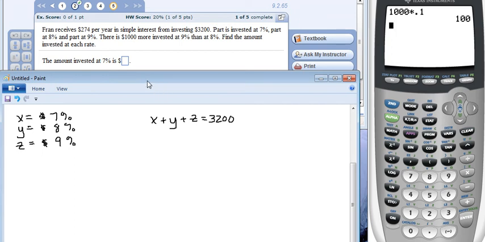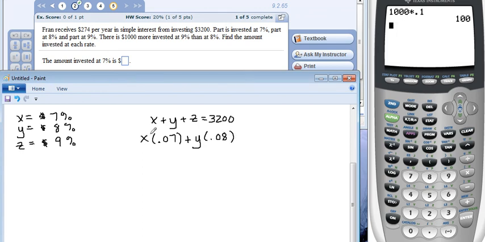Okay, let's look at this one right here. This is the amount that she earned. So the principal that she put in, times the rate in decimal form, remember I'm moving it over twice, plus the principal that she put into the 8% account times the rate.